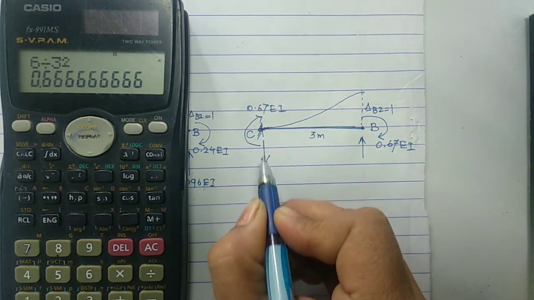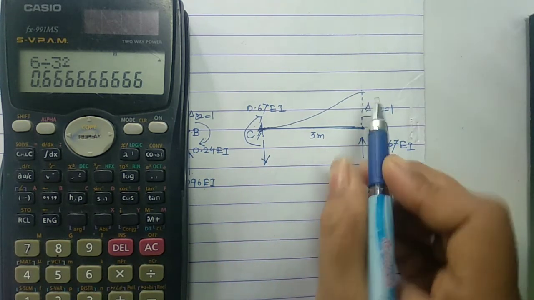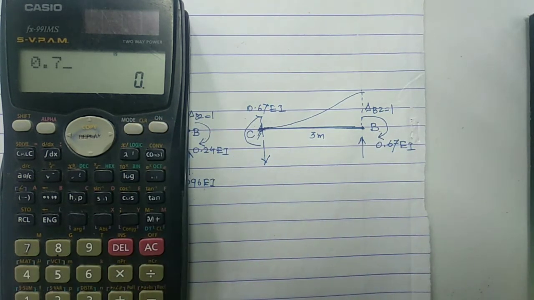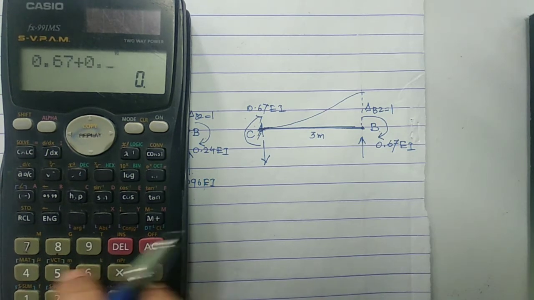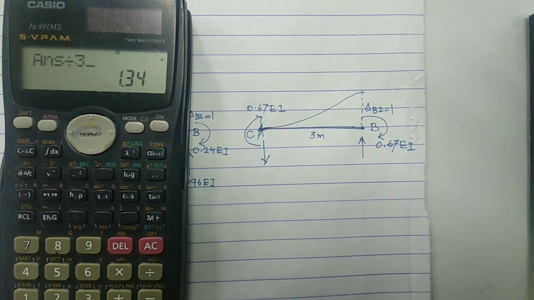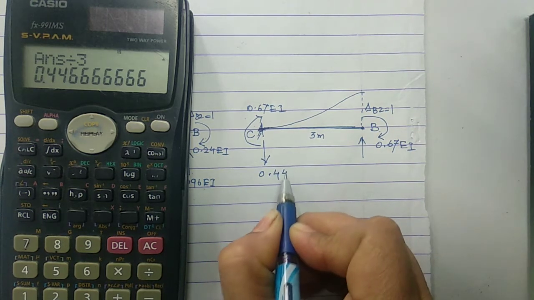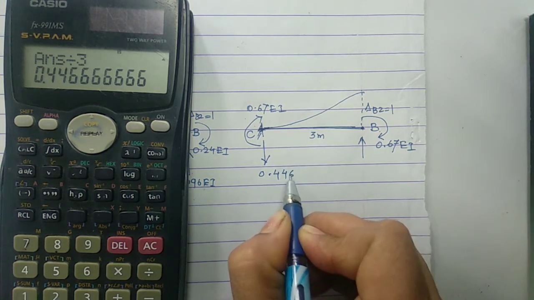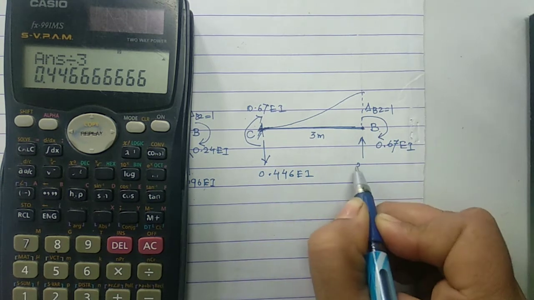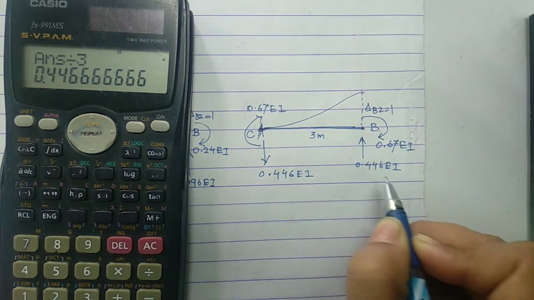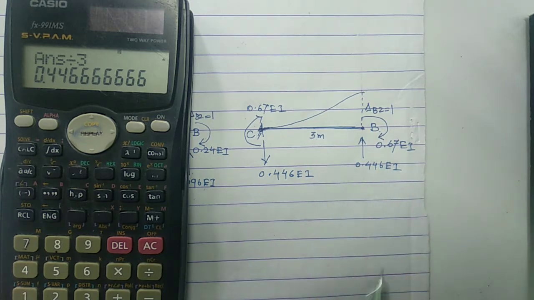So reaction at C should be downward, at B it should be upward. Magnitude, addition of moments 0.67 EI plus 0.67 EI divided by span 3, is 0.446 EI, which is the same as 12 EI upon L cube.